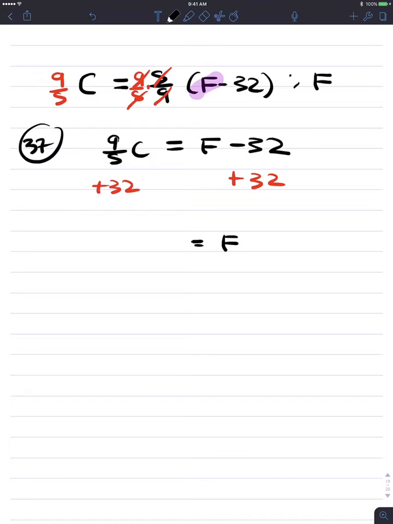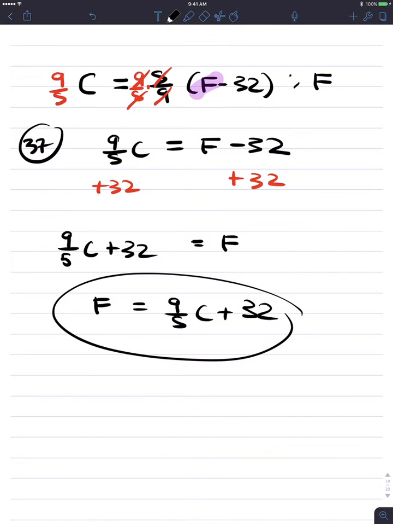I get F here, and I have 9/5 C plus 32. Or my Fahrenheit is 9/5 C plus 32. And you're done.